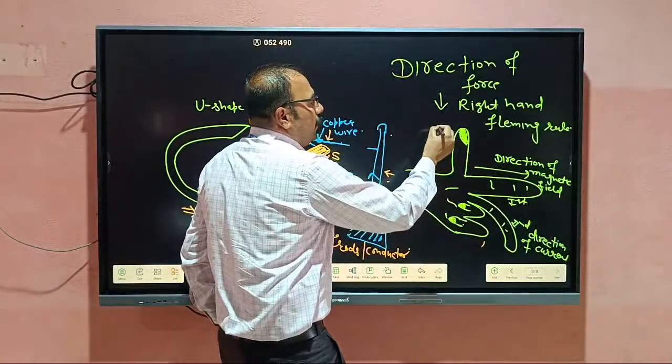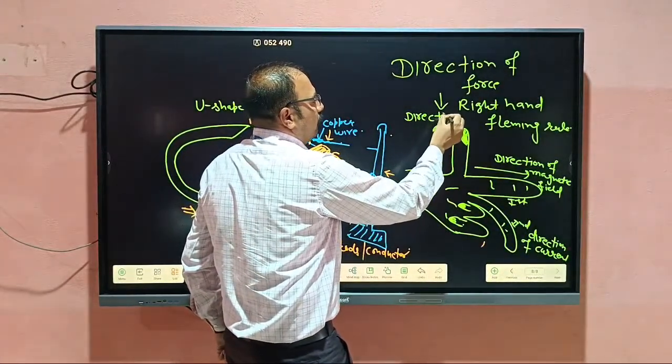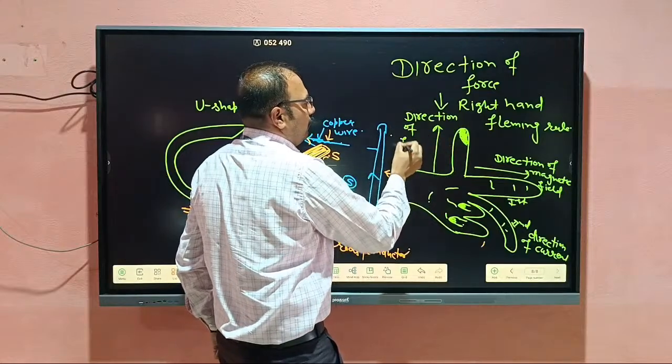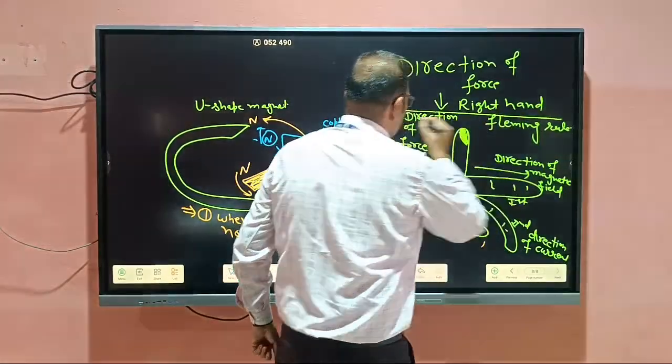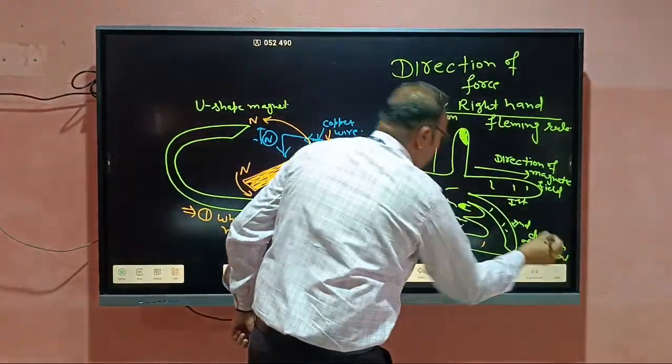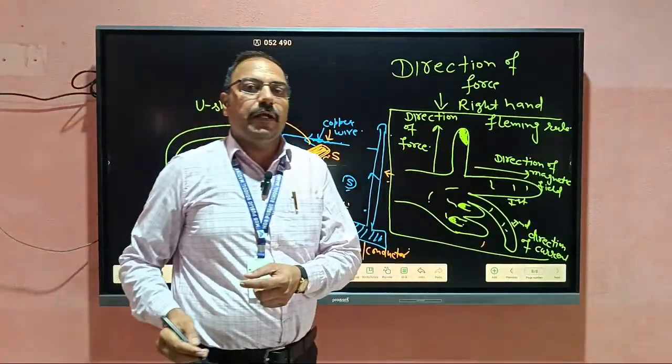And this gives the direction of force. So this is the right hand Fleming rule.